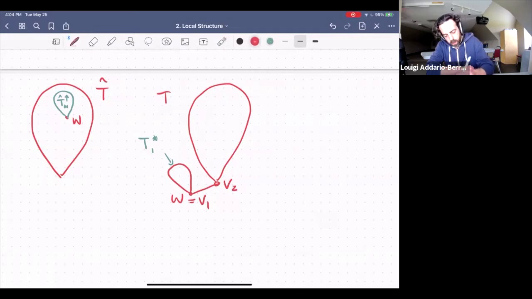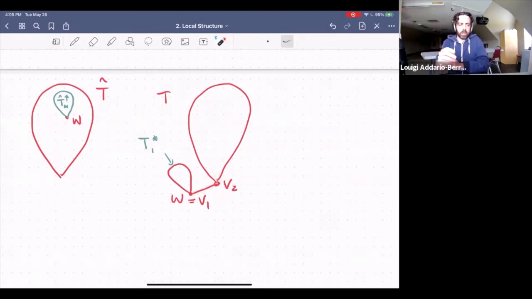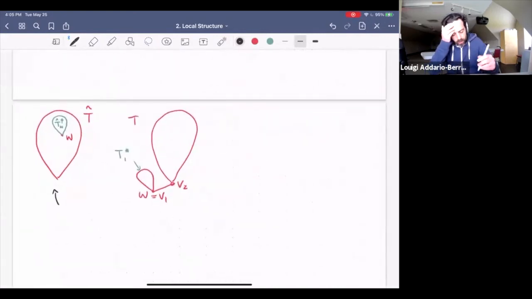Now, when will it be the case that this rerouting sends this subtree down to become T1 star? Well, remember this branch here is going along toward the smallest labeled leaf of this tree. So we need to think about the smallest labeled leaf, and let's start by thinking about that over in the subtree T hat.